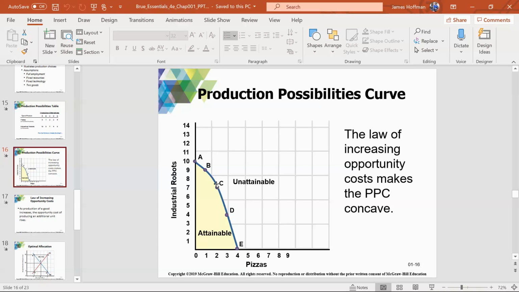And so the production alternatives don't change, like this line doesn't change. Unemployment would just take you inside the curve, but you wouldn't have any changes in the curve. If you had less unemployment, you would just move towards the curve. And if you were on the curve, you would have 100% employment.